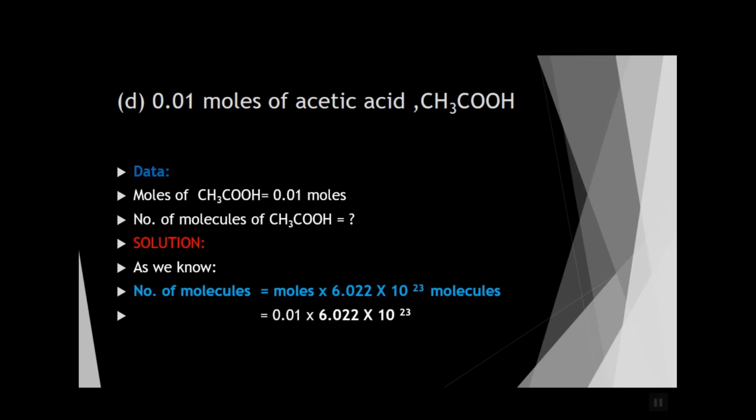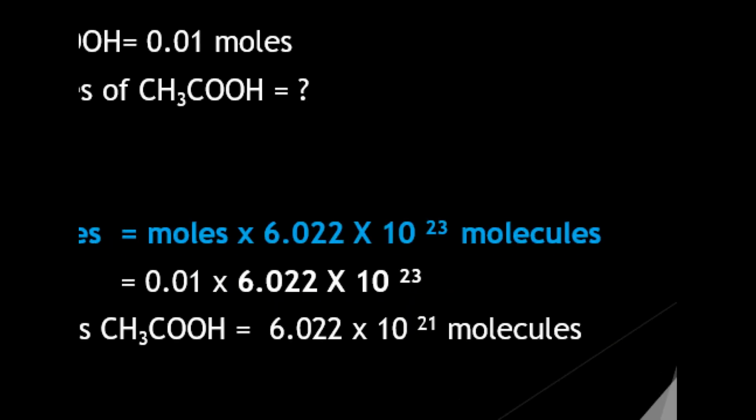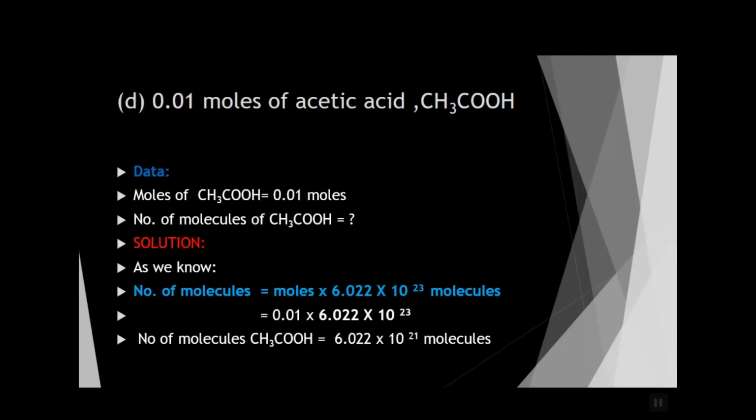Number of moles is 0.01 times 6.022 exponent 23. Finally we get the answer: number of molecules of acetic acid is 6.022 exponent 21 molecules. Yes students, this is our answer: 6.022 exponent 21 molecules of acetic acid when we have 0.01 moles.